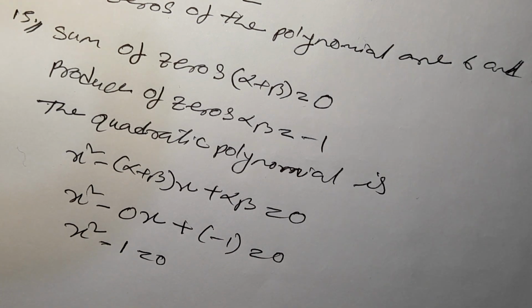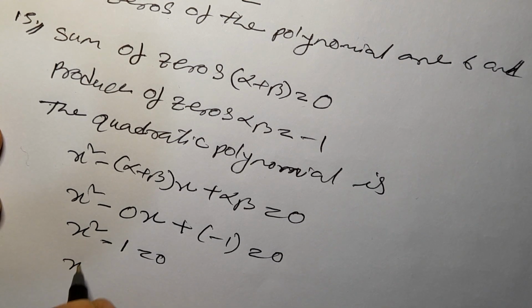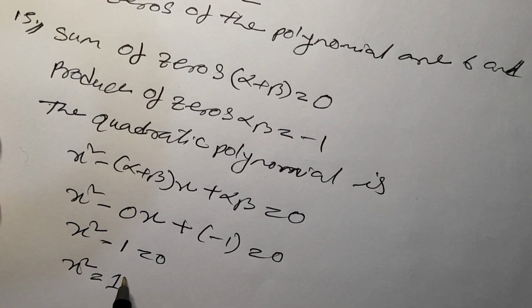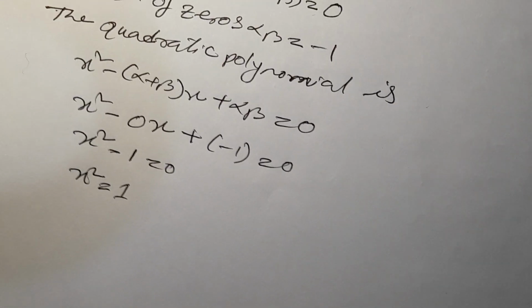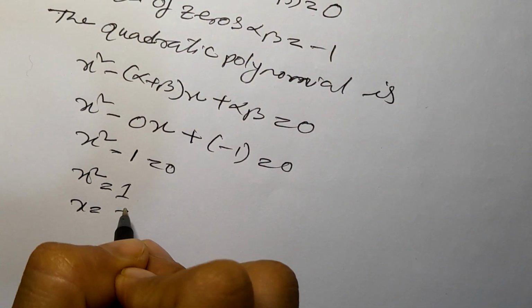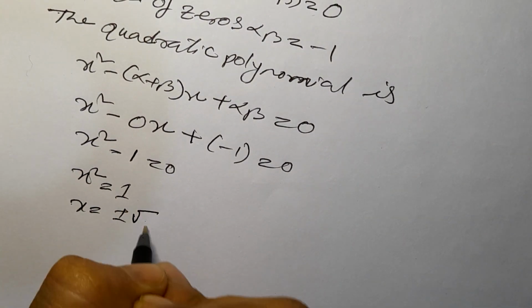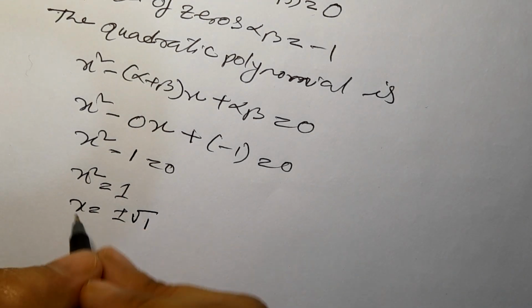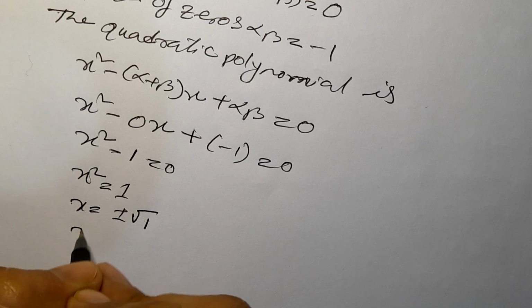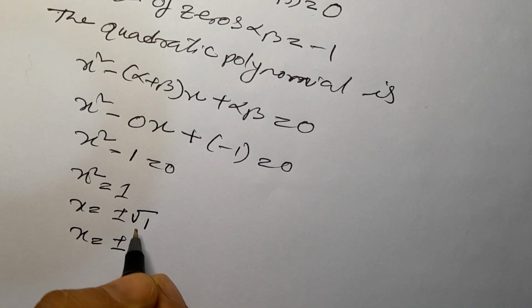Now we have to find the zeros of the polynomial. Whenever there is no middle term, you can find it directly. So x square, take the minus 1 to that side, it will give plus 1. Now I need the value of x, so take the square to the other side, it will become square root along with the plus and minus sign. So x will be plus minus root 1.